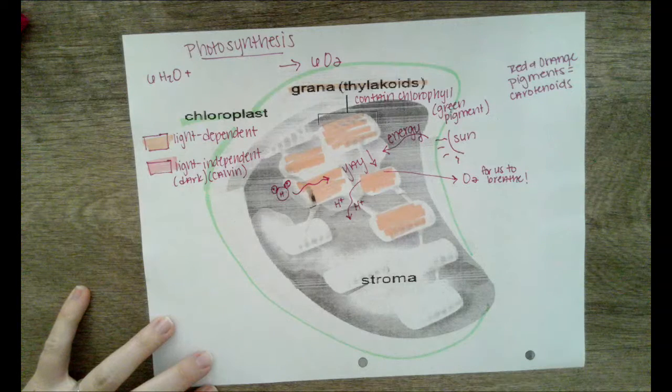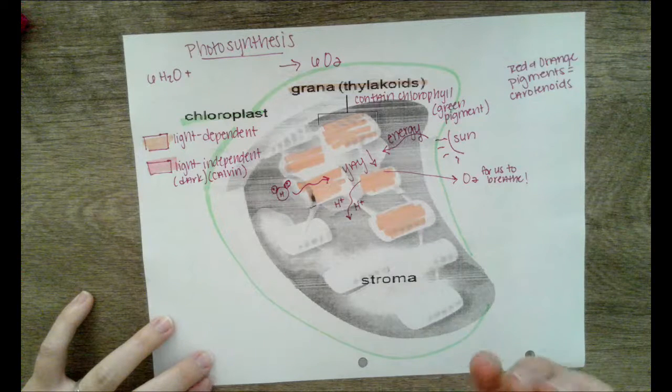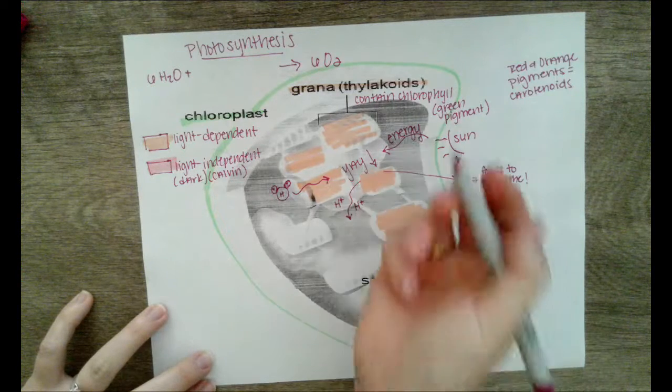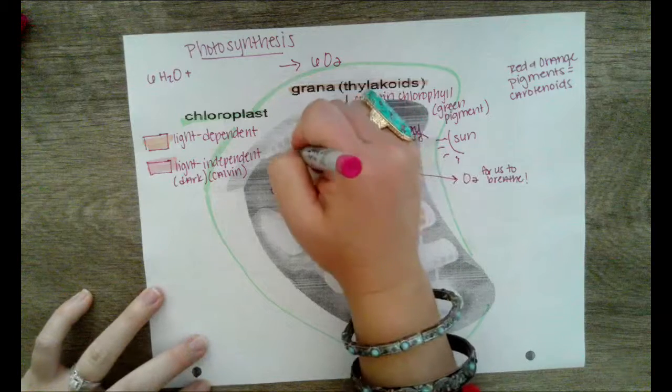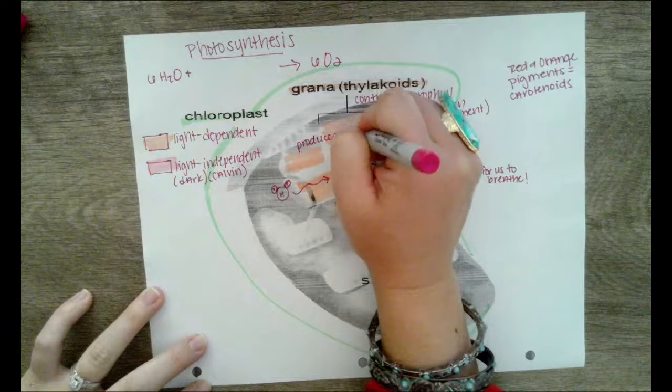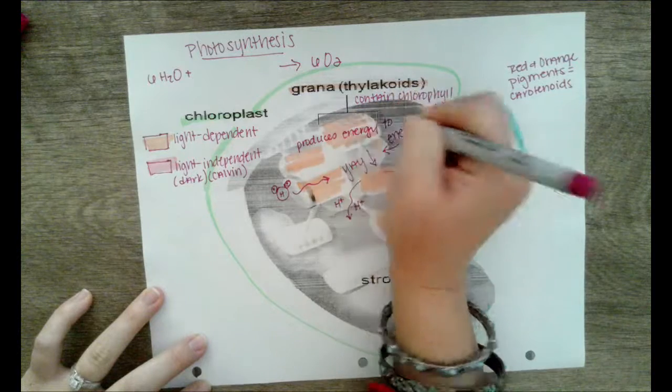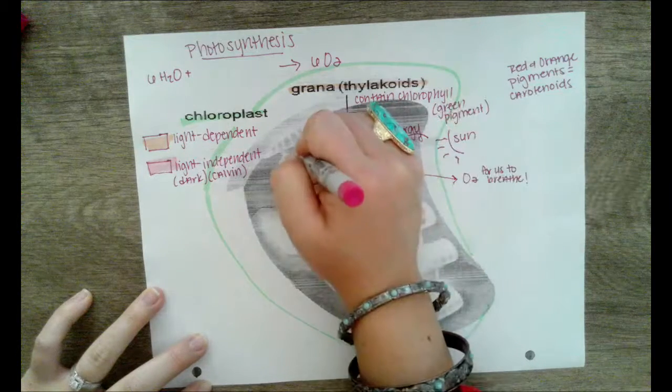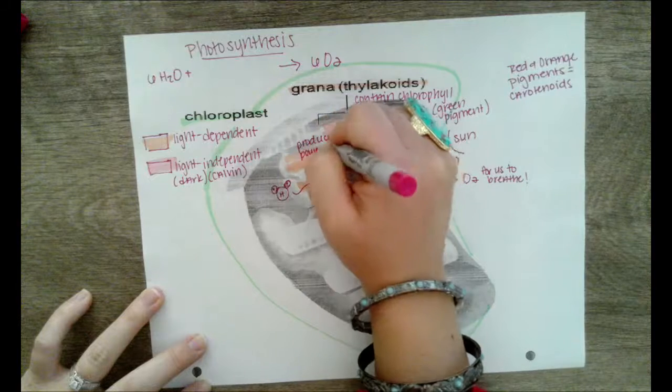So this is going to produce enough energy to power the Calvin cycle, and this is happening through an electron transport chain, which is changing energy forms while this is happening.